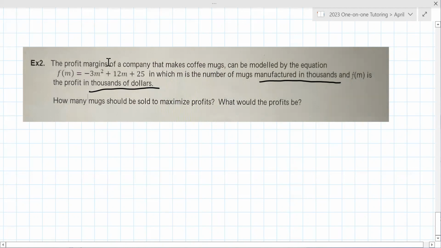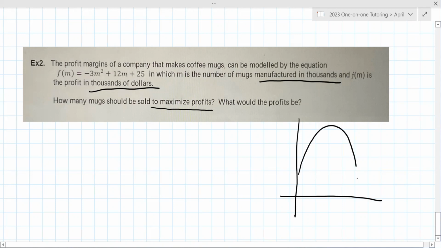All right. So how many mugs should be sold to maximize profit? The profit function here is a quadratic. So are we looking for something at 1 or at 2 in this problem? At 1.